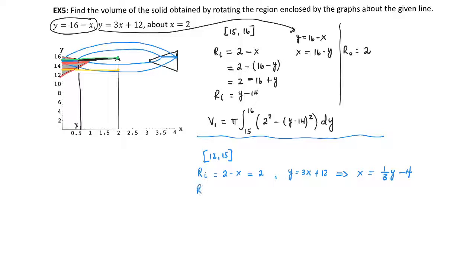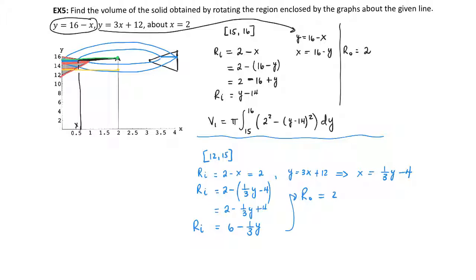So then going back to the inner radius, that will be 2 minus (1/3 y minus 4), which is going to give us 2 minus 1/3 y plus 4. That will be 6 minus 1/3 y. So that becomes r sub i. Now that I have that, I will try to find out what the outer radius is. That will not change. That will remain being 2.